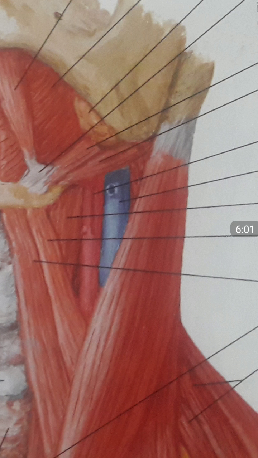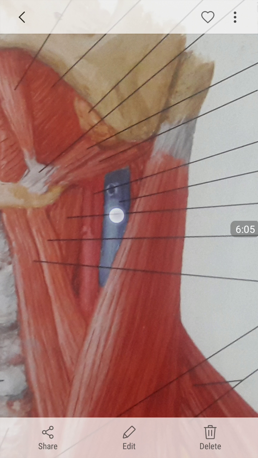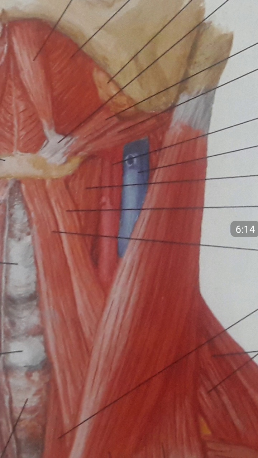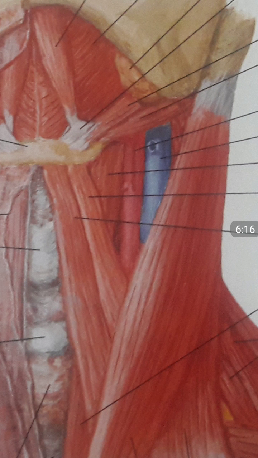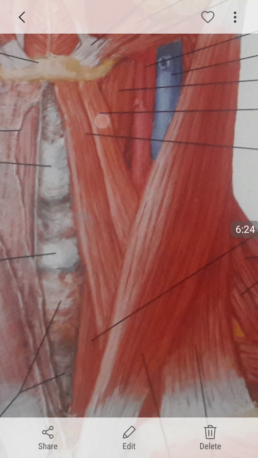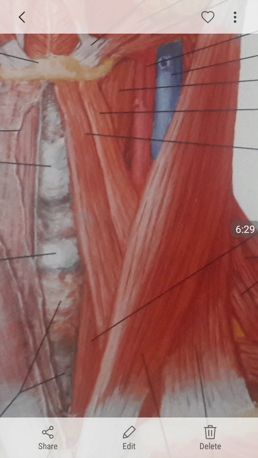Why is it called the carotid triangle? Because it has the carotid sheath as a content. So the internal carotid artery, internal jugular vein, vagus nerve, and deep cervical lymph nodes are all basically its contents. And then we have another triangle, the muscular triangle. The muscular triangle is bounded superiorly by the superior belly of the omohyoid muscle.